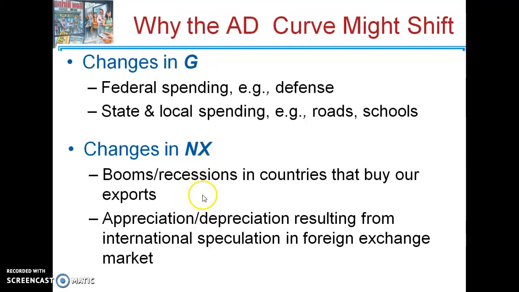If the U.S. currency depreciates, so all of a sudden foreigners' currencies now are more valuable, then that increases the aggregate demand for goods and services from the United States. So if basically you have a depreciation in your currency, that can increase your net exports, increasing aggregate demand.